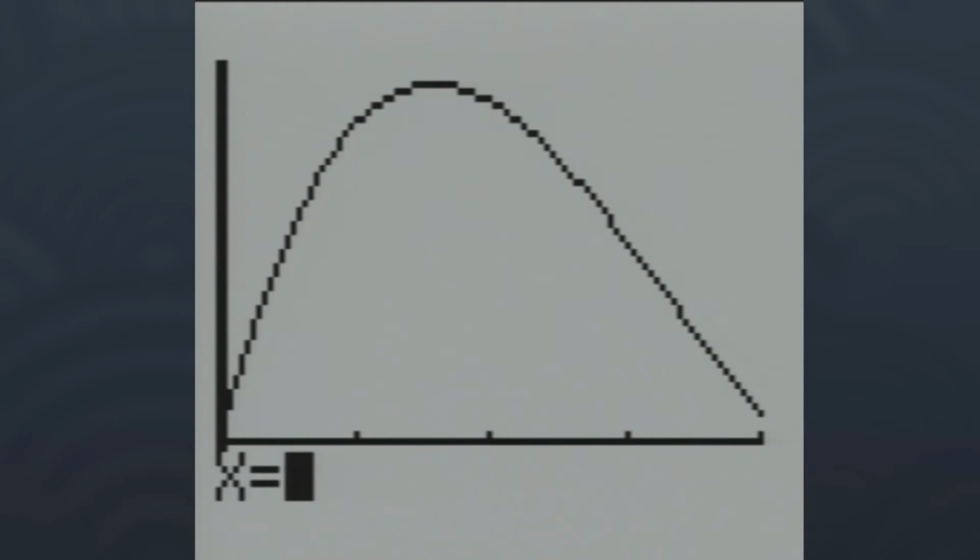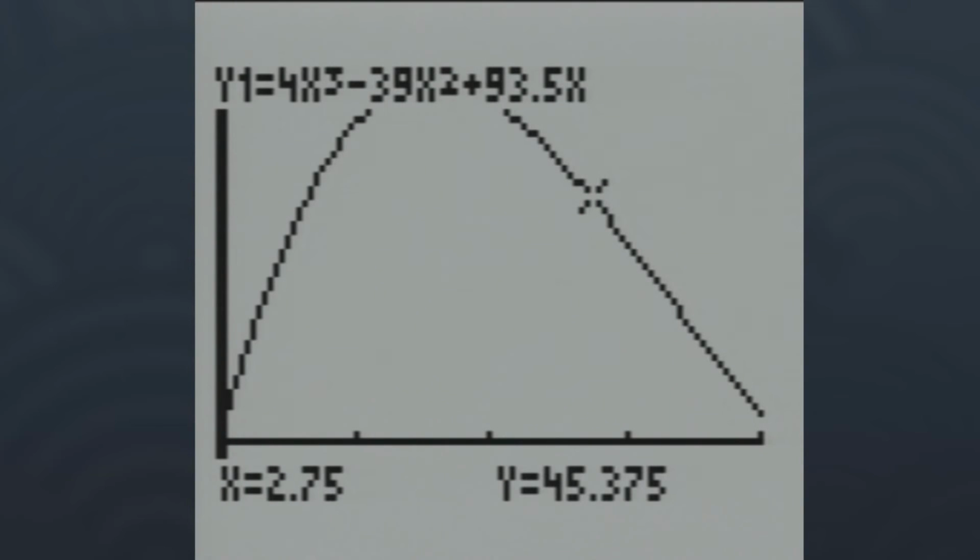The first one, value, will allow us to type in whatever x we want, and it will tell us what the volume corresponding to that height would be. So if our height of the box, also the size of the square we would have cut out, was 2.75 inches, hit enter, and we get a volume of 45.375 cubic inches.